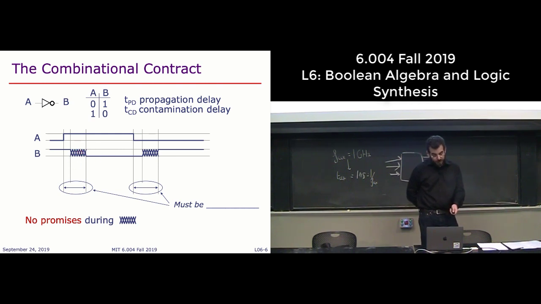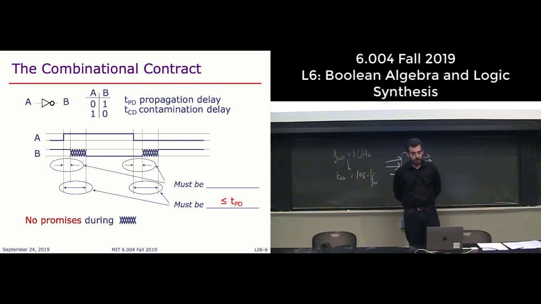And then there's going to be this region in the middle where we make no promises. The implementation can do anything it wants, right? I've shown this nice exponential waveform in the previous slide, but during this transient we could have different transitions in the middle. So there are absolutely no promises. But if we measure the time from when the input switches and reaches a valid digital value until the output reaches a valid and stable digital value, that delay must be at most the propagation delay.